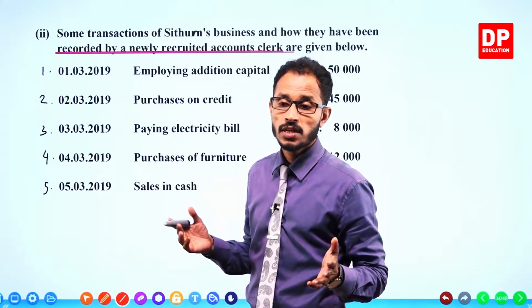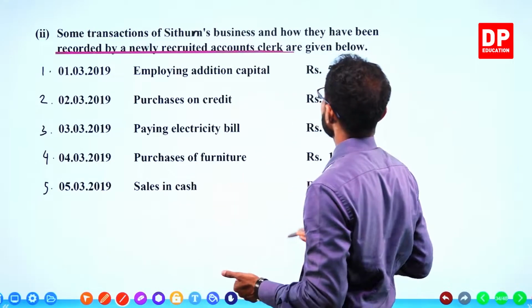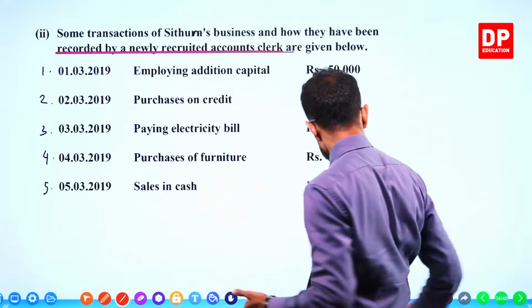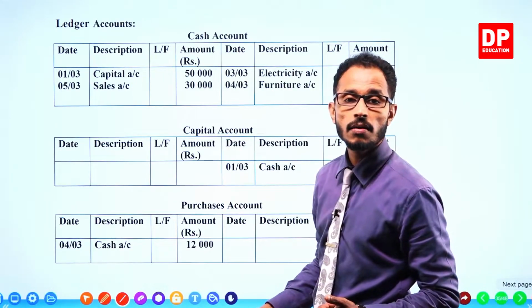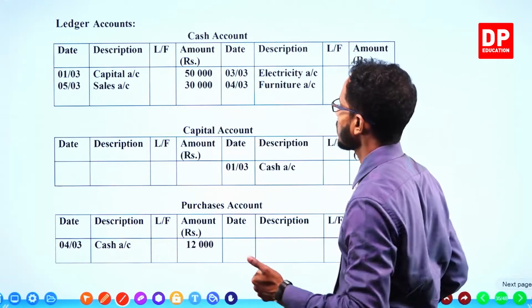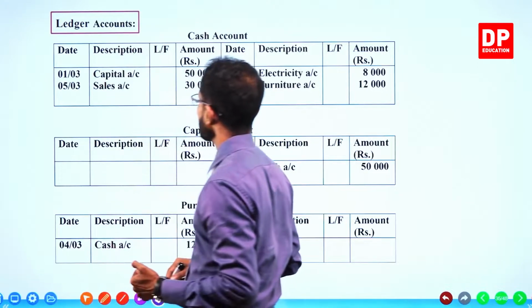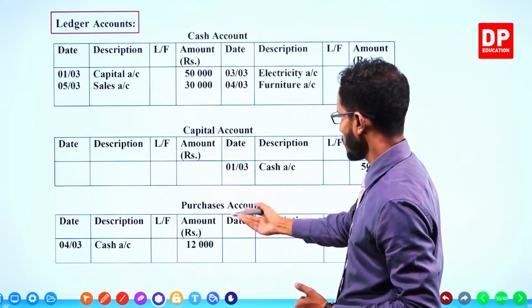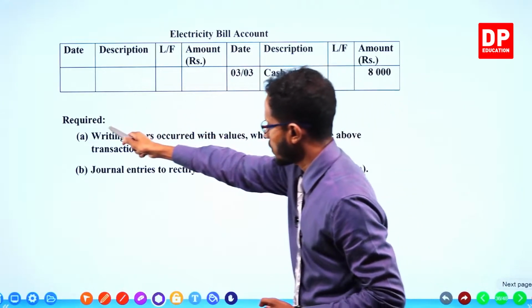These newly recruited ones make mistakes. So I'm very sure in these accounts there must be some errors or mistakes. Ledger accounts are given: we have cash account, capital, purchases account, and electricity bill account.